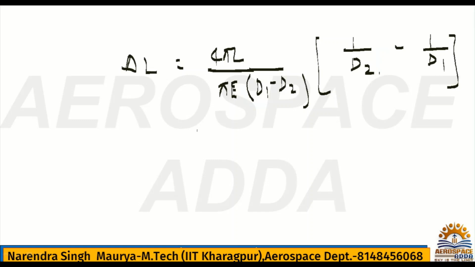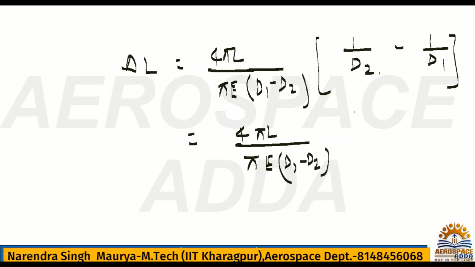All right, now coming to this, take the LCM here, what you will get is d1 minus d2 divided by d1 into d2.